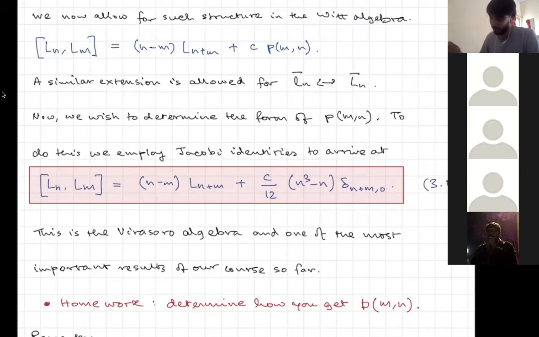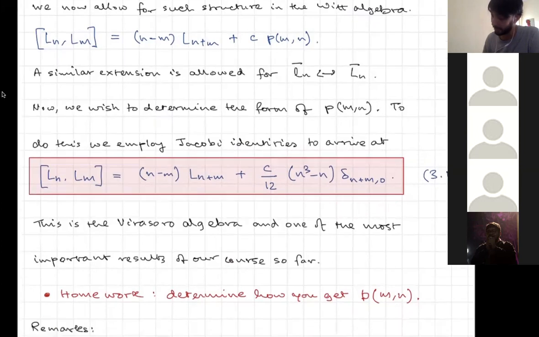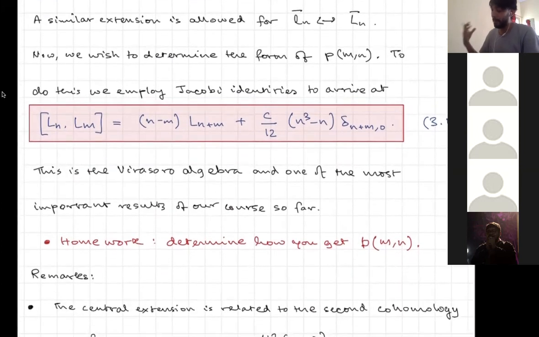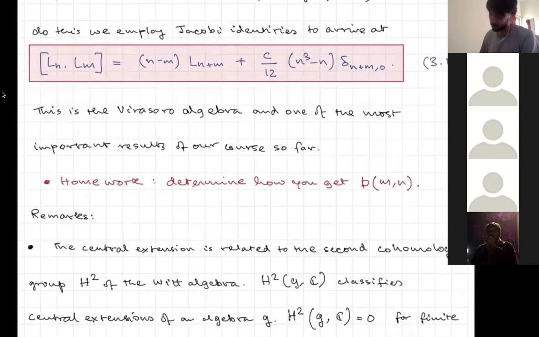The trivial thing, of course, is that if you can't find something like this, there is no central extension, if you wish. But there's a clearer, more mathematical way of trying to understand this as well.